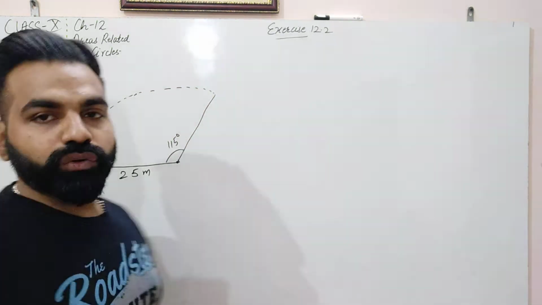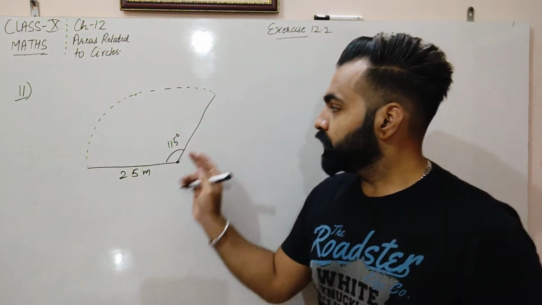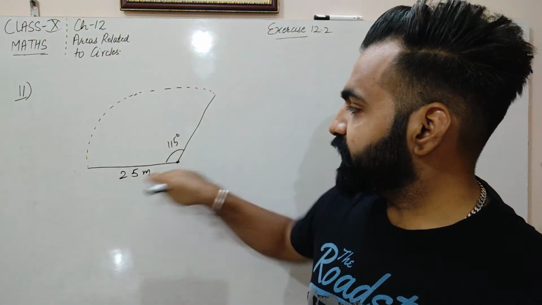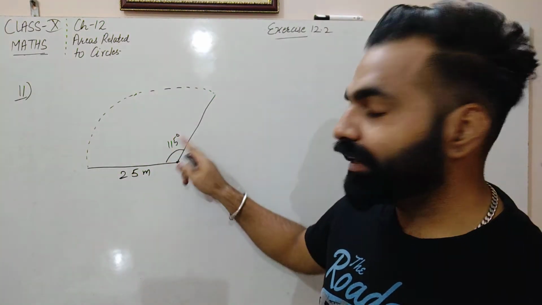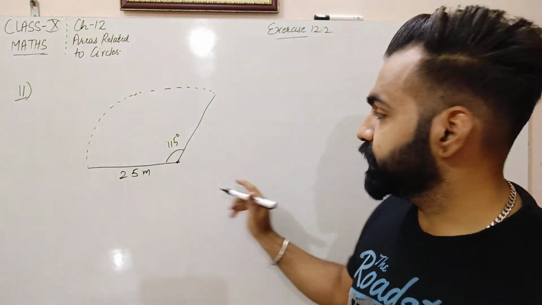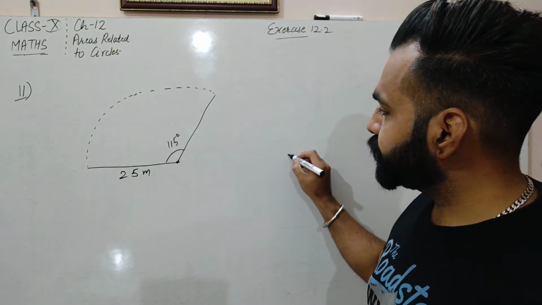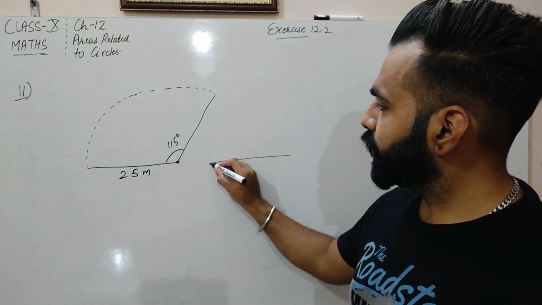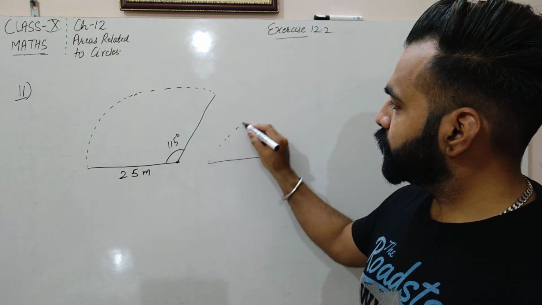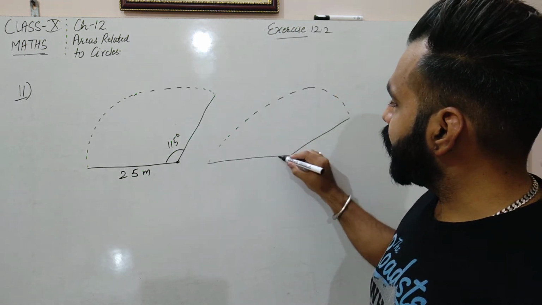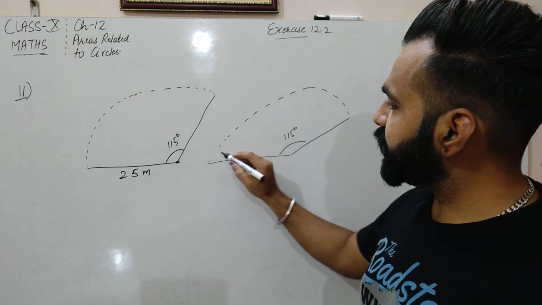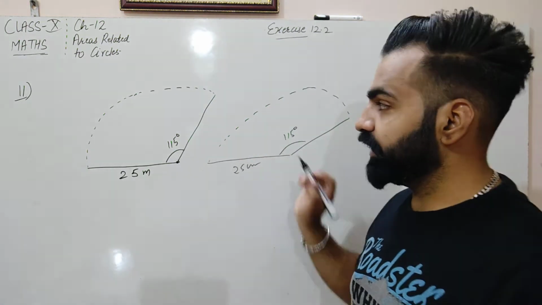So this is the total area which is swiped by the wiper of the car, making an angle of 115 degrees. There is another wiper. In the same way, the angle is 115 degrees and length is 25 centimeter.